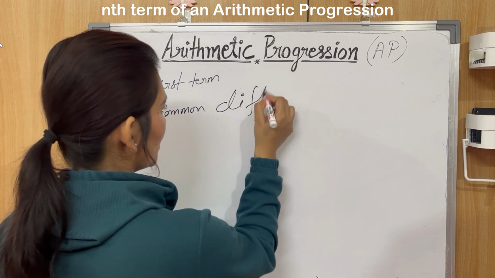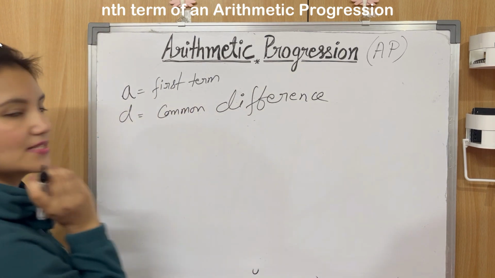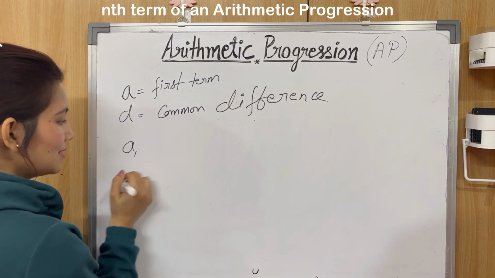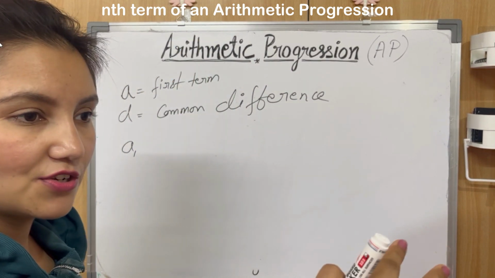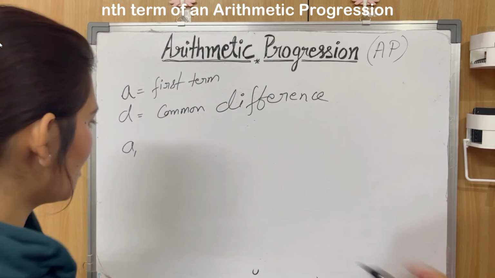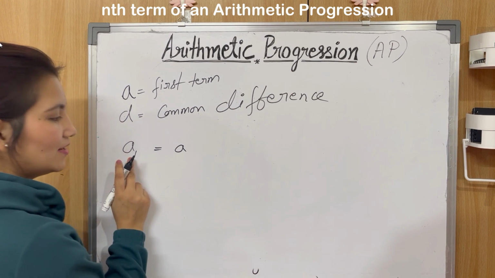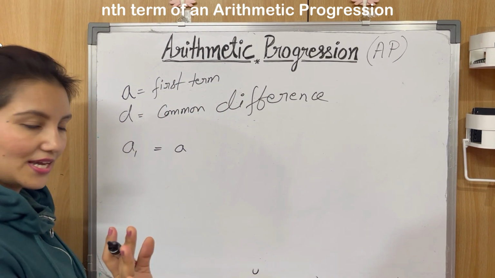Now, if A is the first term, A suffix 1 means first term. We generally denote the first term of an AP by A. So A1, the first term, is A.